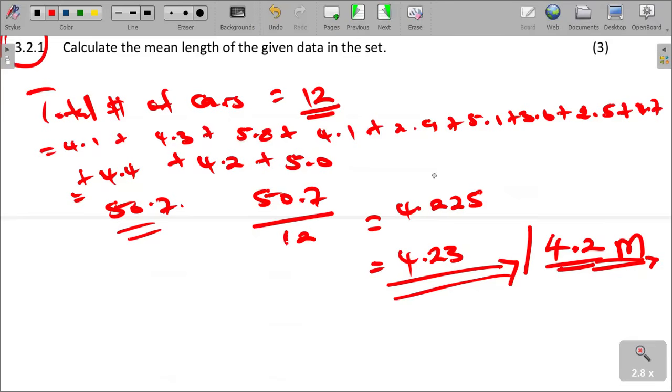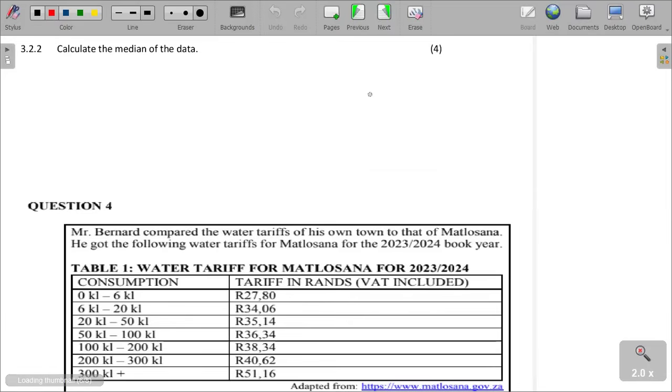And then the next question: calculate the median of the data. The median is actually the middle value. So what we need to do is arrange the data and put it in order, all of it.